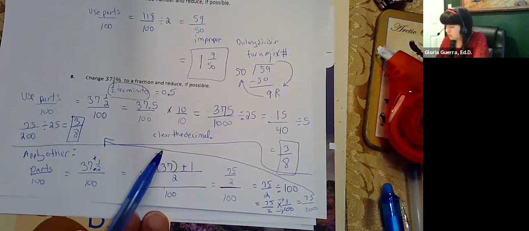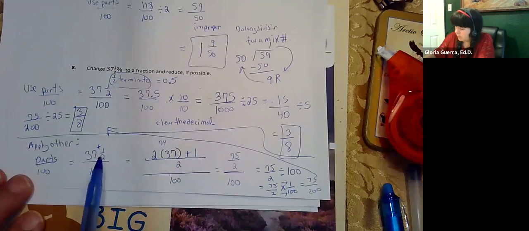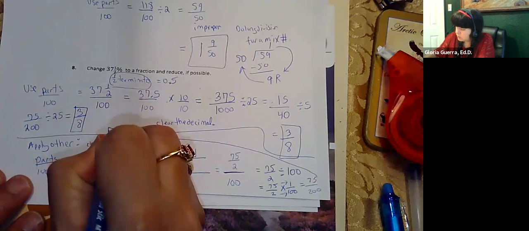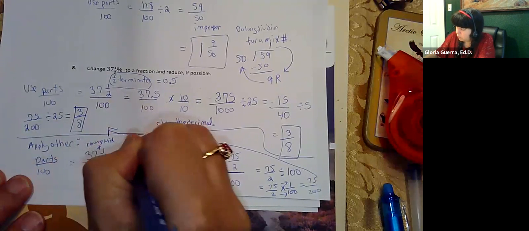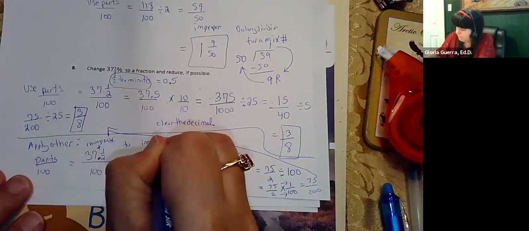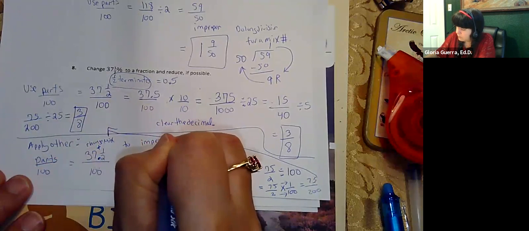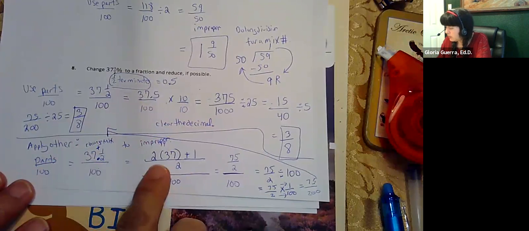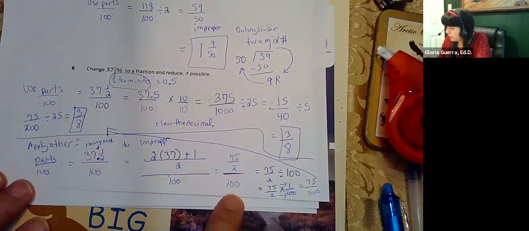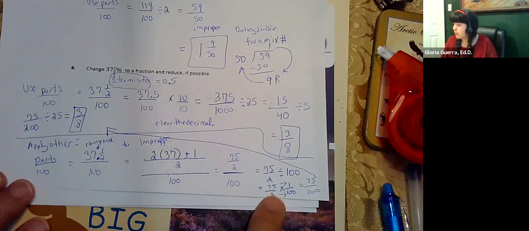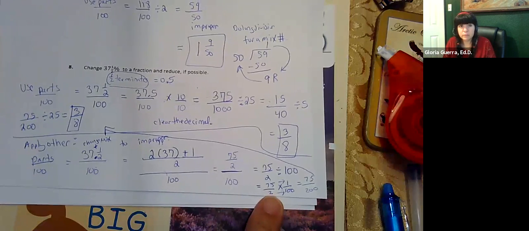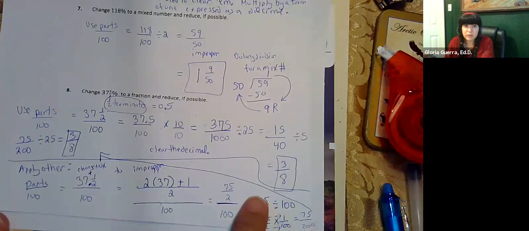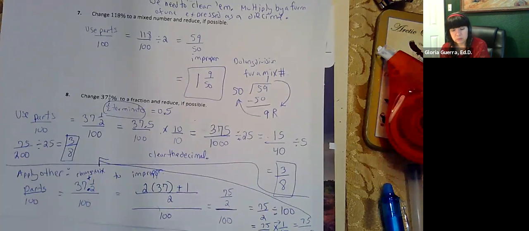So you've got to work it this way, where you just change the mixed number to improper. That's what's happening here. And then you're multiplying, adding, all over 100. And then we have to reduce that to 3/8.